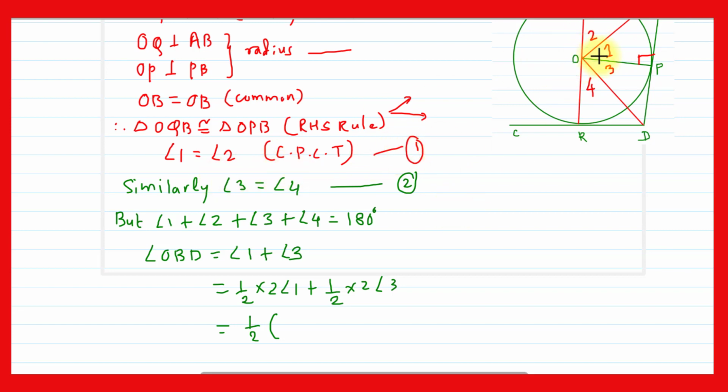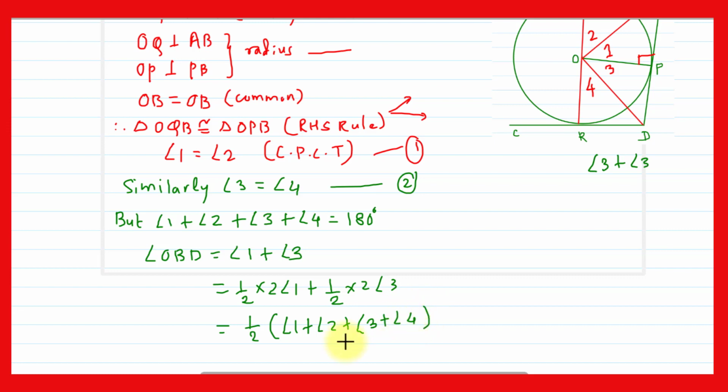So we can write twice of angle 1 as angle 1 plus angle 2, plus twice of angle 3 can be written as angle 3 plus angle 4, because twice of angle 3 is angle 3 plus angle 3, and angle 3 can be replaced by angle 4 because these two are equal, and therefore it is angle 3 plus angle 4.